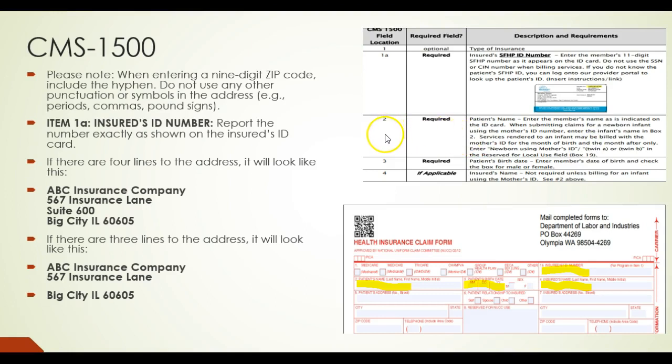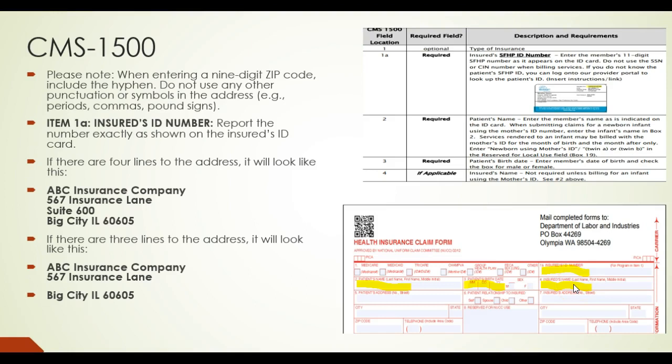Now in box 2, that is a required box as well, and that's the patient's name. So you want to make sure you enter that patient's name. And then in box 3, that's a required box that needs to be completed. That's the patient's date of birth. And then in box 4, that is the insured's name.